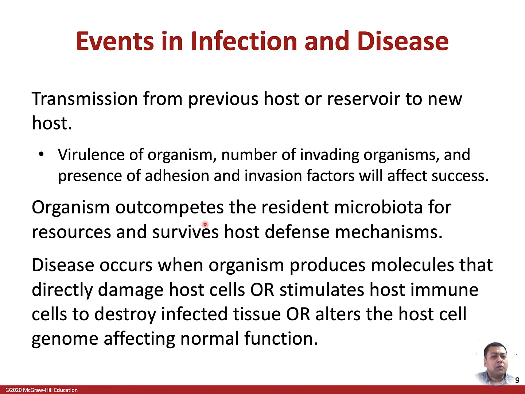The organism outcompetes the resident microbiota for resources and survives host defense mechanisms. If it is a gastrointestinal organism, it can essentially outcompete the resident microbiota and survive the host defense mechanisms.